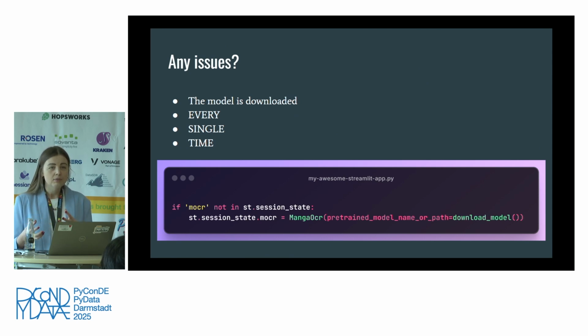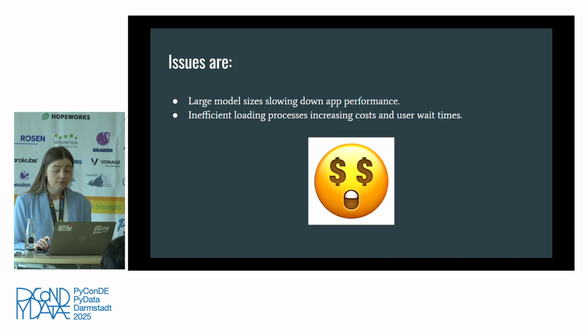Maybe it's not a big deal when I'm playing with Streamlit on my laptop, but you can imagine if we have multiple users, with a lot of pages of our application open, this is slowing down the app performance. Users have to wait until the model loads, and it also increases costs.